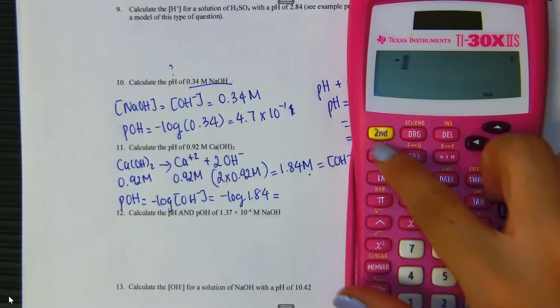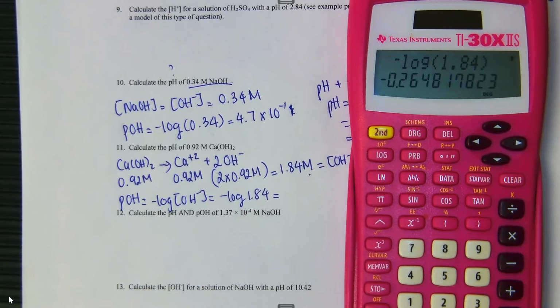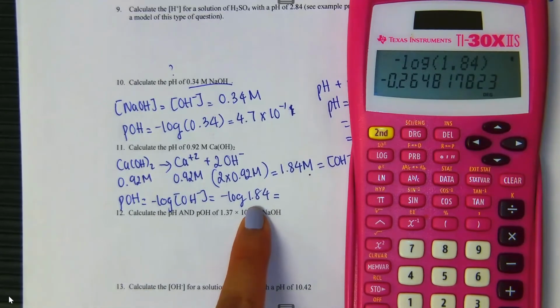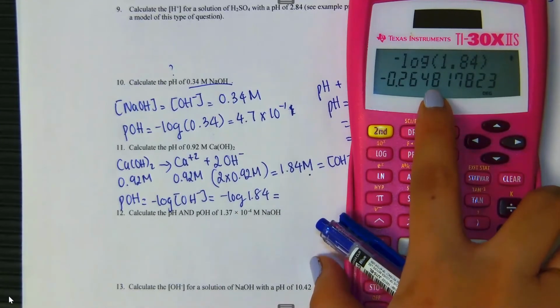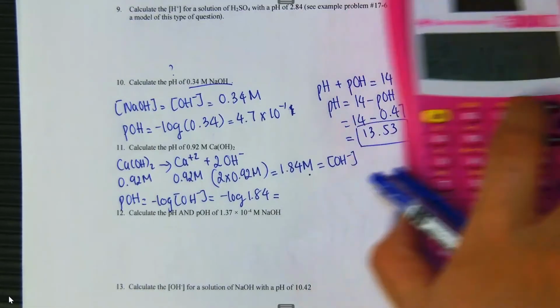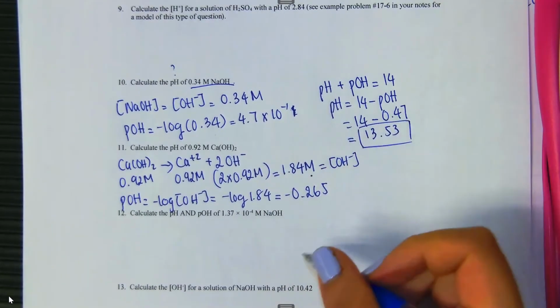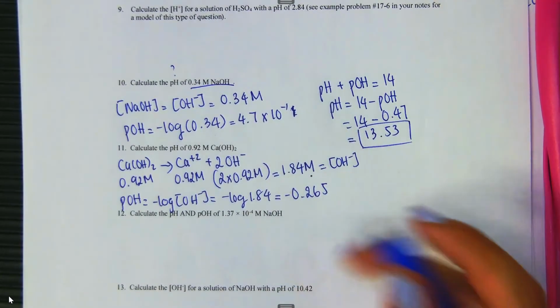Let's do that in my calculator. Okay, negative 0.26. How many sig figs do we have here? 3. 1, 2, 3. So we'll also have 3 here. So negative 0.265. That's only my pOH though.